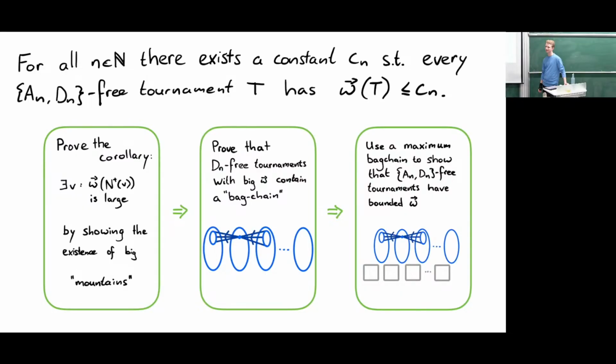So, I have two questions. The first one is, do you know any construction of tournaments of large dichromatic number that excludes both A_n and D_n? Because they bound the dichromatic number. I'm thinking about the heroes paper because D_n is a hero.